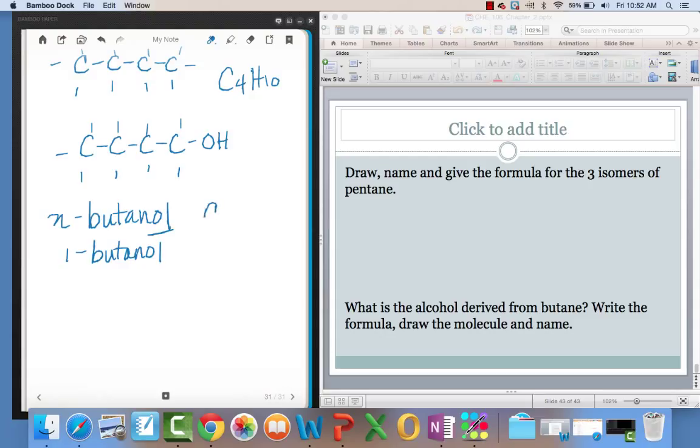So this is now C4H9OH, or you could correctly write it as C4H10O. Again, most likely you'll see it like this if it's written somewhere. Not saying that you won't see it like this, but this is probably the more preferred.